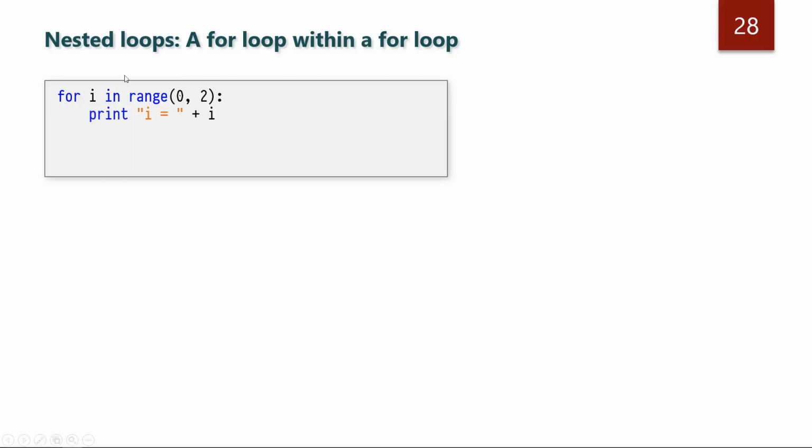So in this simple program, I just print out this message, I equal to, this is the text, and then the value of I. If I run this, I will get 3 outputs: I equal to 1, I equal to 2, and I equal to 3. So that part is simple and easy to understand.